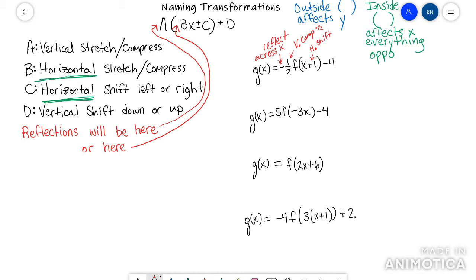Well, +1 makes you think right 1, but remember, everything is opposite if it's inside the parentheses. So this is actually a horizontal shift left 1. And then this last guy, this -4, it's outside, so it's vertical. It's in the D slot, so that's a shift. And then I just got to figure out up or down. Well, it's outside, so it's not opposite. So -4 would be down 4.